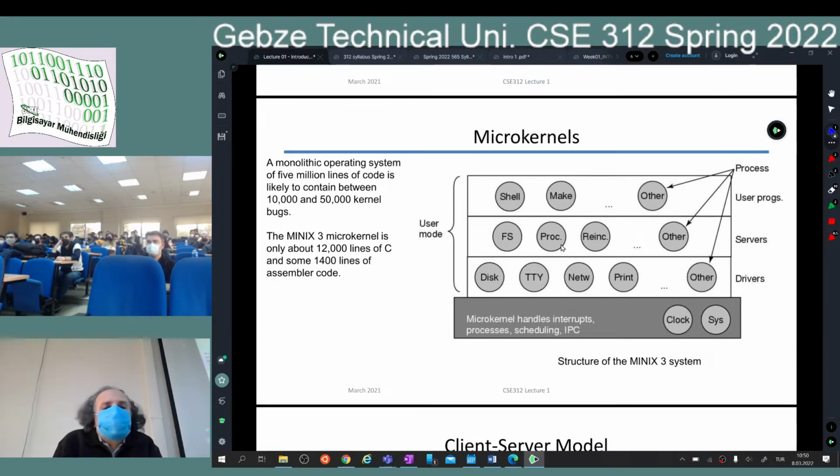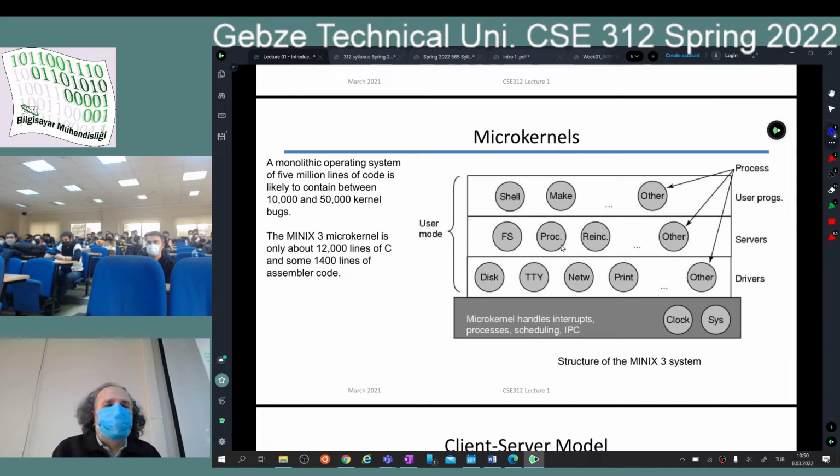Why? Because only a few thousand lines of code will run in kernel mode. Having the probability of a bug in 10,000 lines of code is much smaller than having a bug in a kernel of 1 million lines of code. So that's the idea of the microkernel.